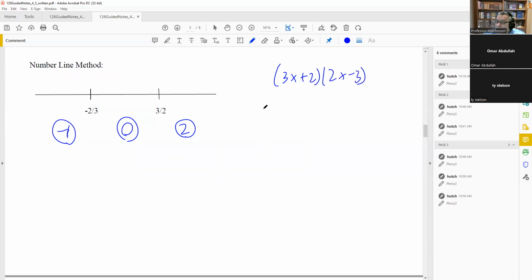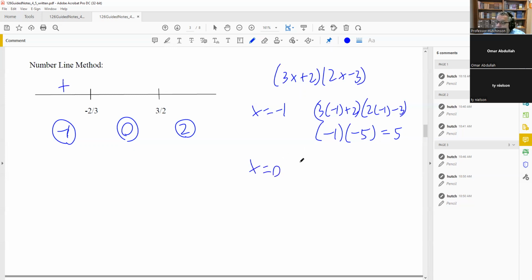Okay, if I have x equals -1, then I have 3 times -1 plus 2, and then 2 times -1 minus 3, like that. I would get -1 times -5, which equals 5, so I would get a plus right there.